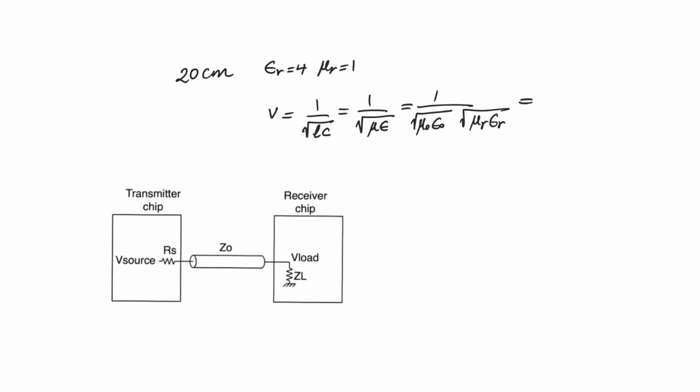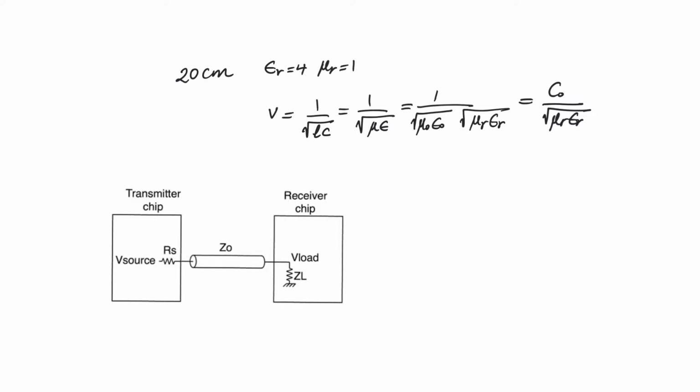So 1 over square root mu naught epsilon naught is c naught, which is the velocity of electromagnetic waves, the velocity of light in vacuum, and this is divided by the square root of the relative permeability and permittivity of the materials.